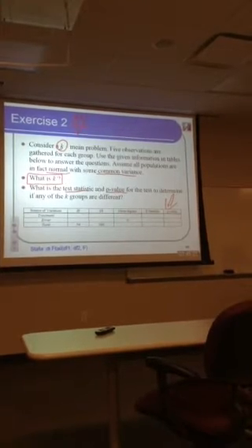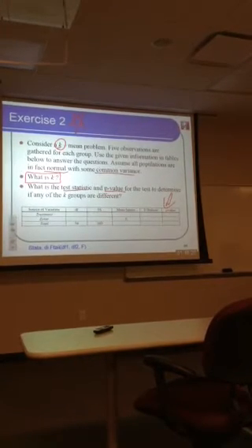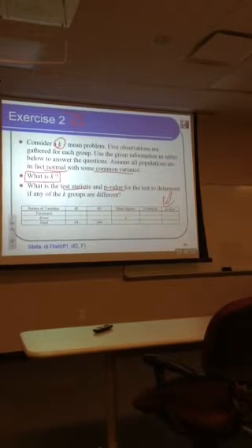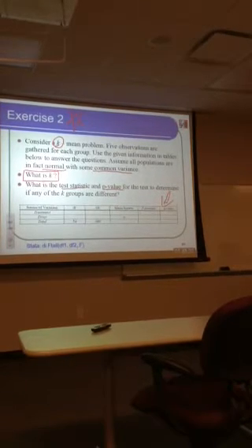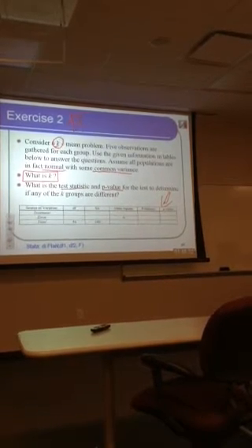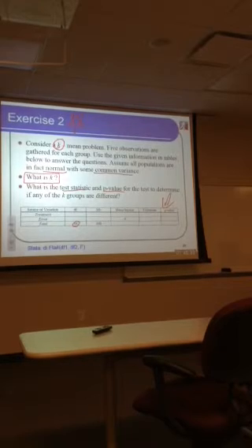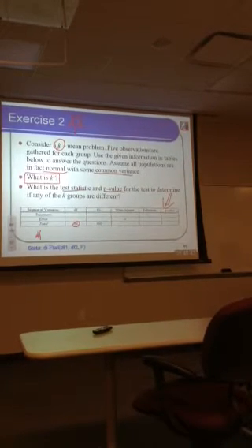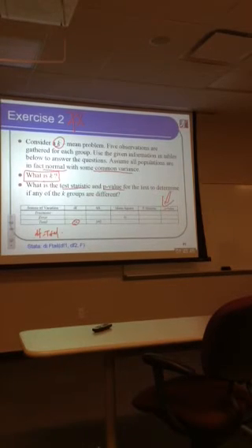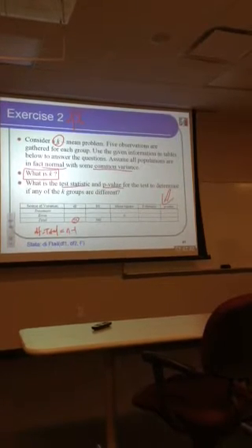When you have an ANOVA table like that, you have to think about all the relationships among those numbers. Let's start with the degrees of freedom. The degree of freedom for total equals N minus 1, where N is the total sample size.